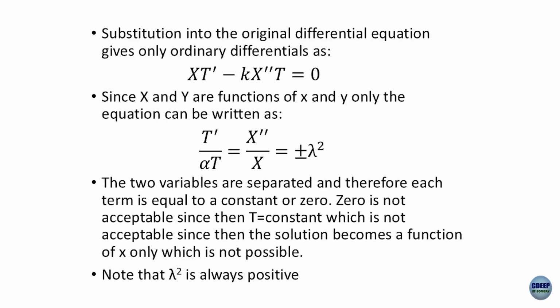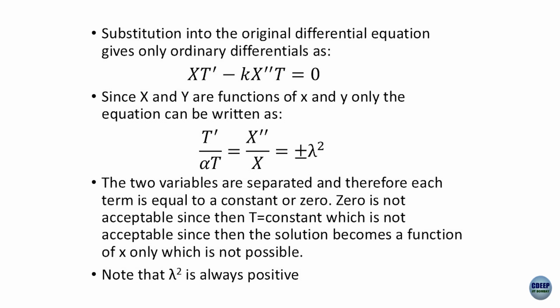And what we said was that you do the algebra and you see that this particular equation can be separated. The two sides of the equation are functions of either t only or x only. And so we are going to equate it to some constant, and all constants again are not possible.